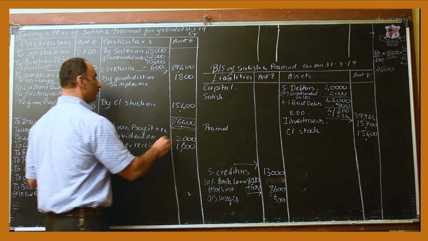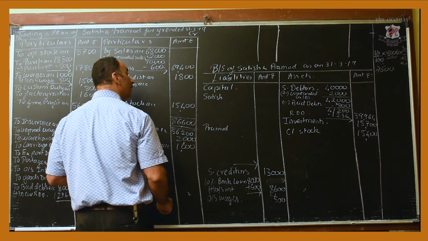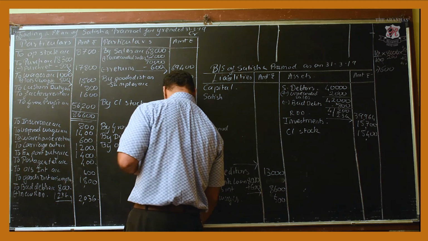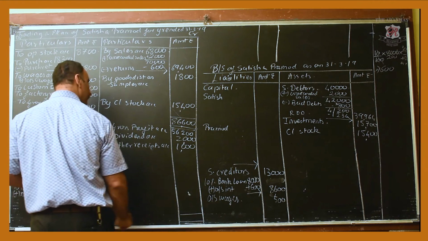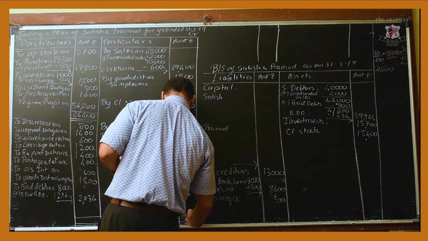This 56,200 I will bring down here, and then I will close my P&L account. So 56,200 we will write it here. 56, 57, 59,200 is my total.